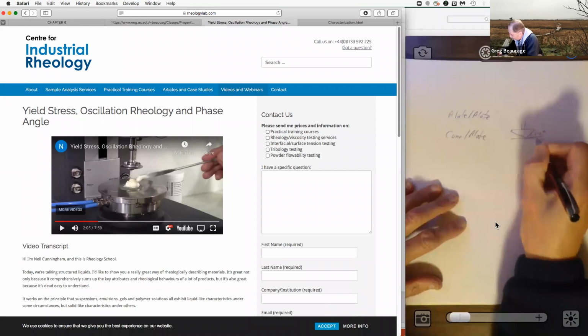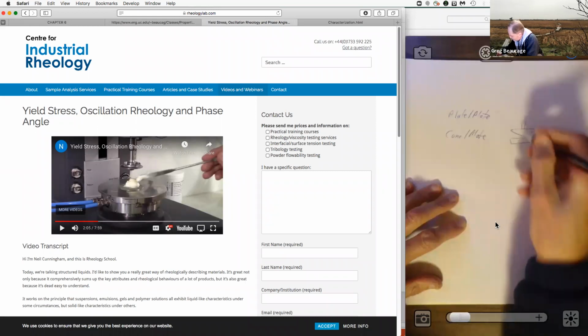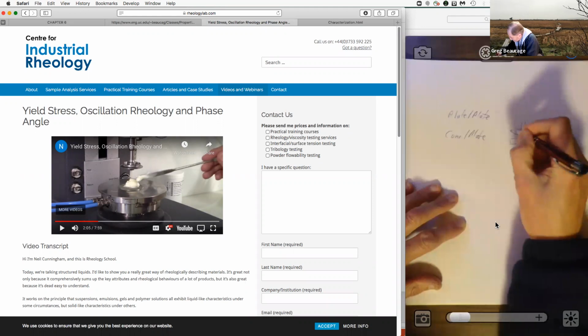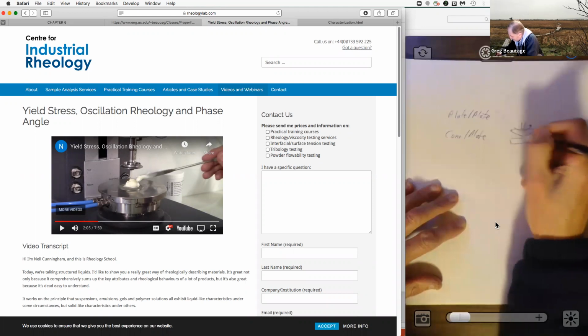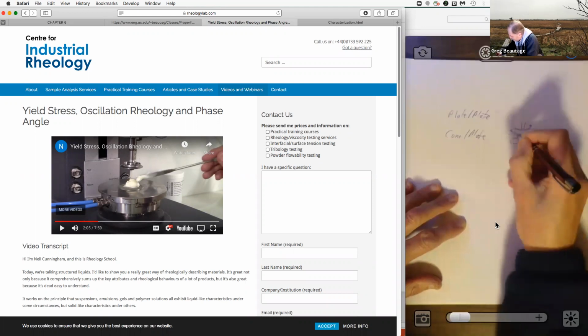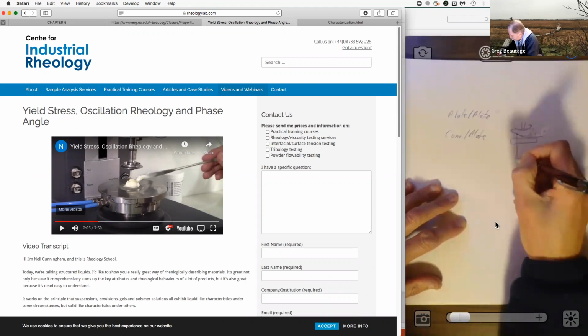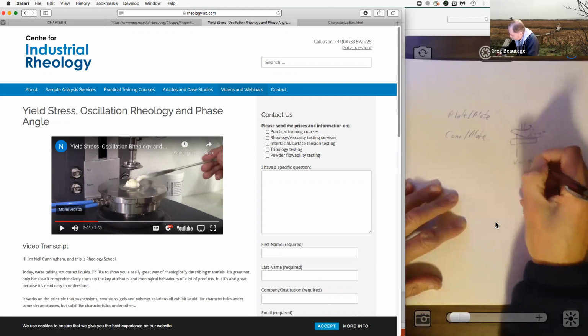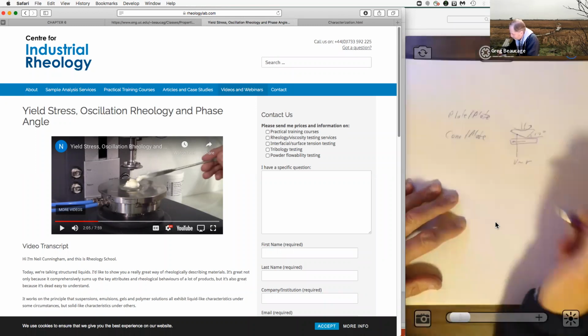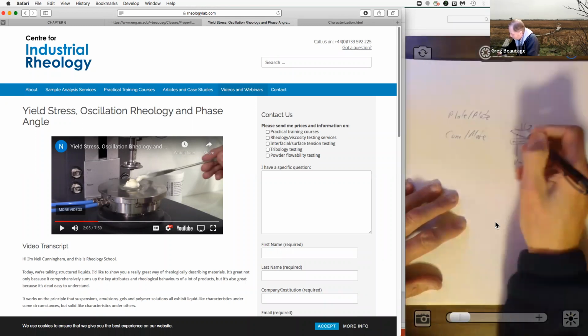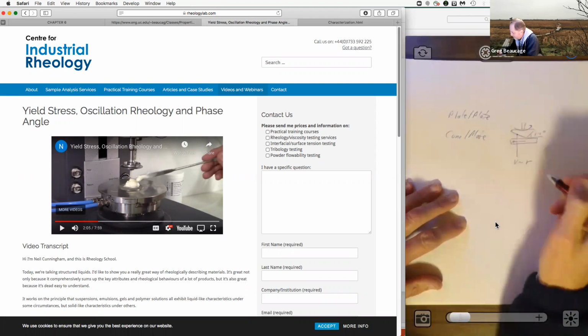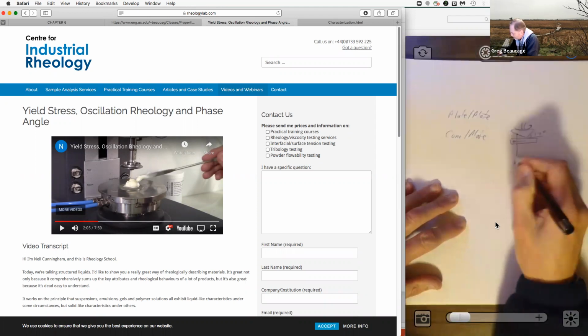And the bottom plate is flat. The reason is, if this thing spins, then the velocity at any point along this is going to be proportional to the radial position, because it's going to be related to the circumference of a circle, which is proportional to the radial position.